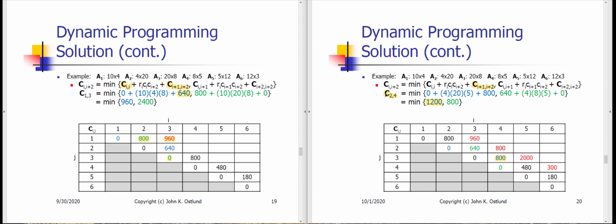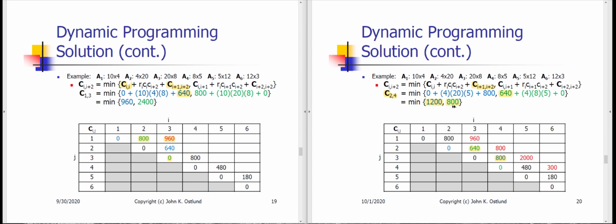Or the other possible cost for multiplying A2 times A3 times A4 is 640, that is C sub 2,3. All right, here's C sub 2,3, that's 640, plus row 2, column 3, column 4. All right, row 2 is 4 times 8 times 5. 4 times 8 times 5 is 160. 160 plus 640 is 800.